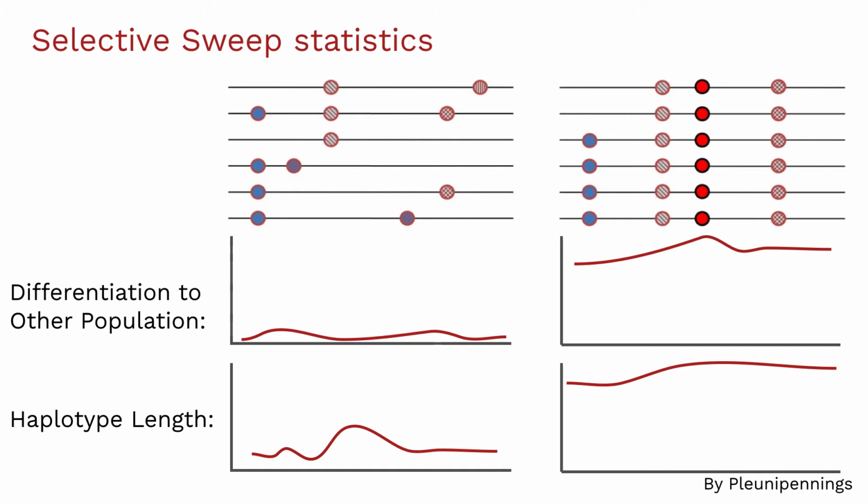However, on the right, where the selective sweep has occurred, that sweep has brought along for the ride a bunch of hitchhiking neutral alleles, so you have these long haplotypes in the population. And so using these 2 stats, differentiation and haplotype length, you can often detect that a selective event occurred in the past. In this way, you can actually test hypotheses about selection occurring in an organism's evolutionary history.